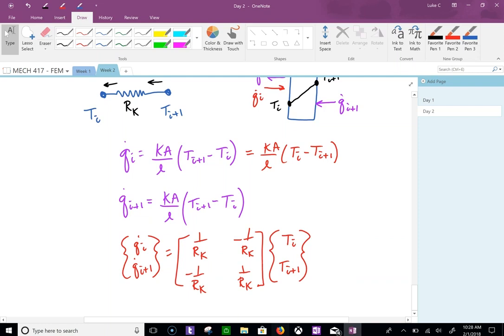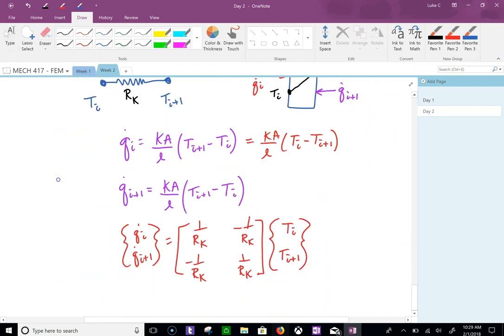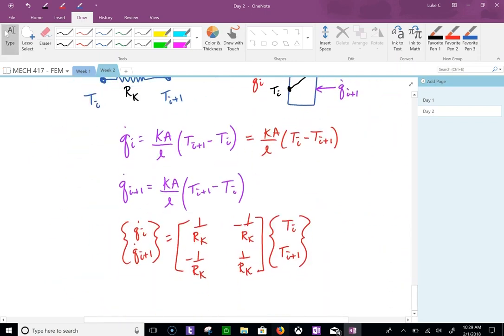What is this called, this matrix? The heat flux, yeah. Is that what I called it up here? Yeah, heat flux matrix. This is your stiffness or conductance or resistance.